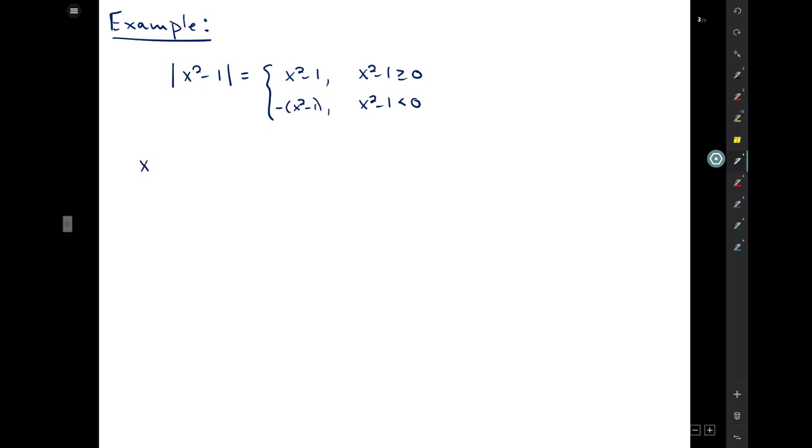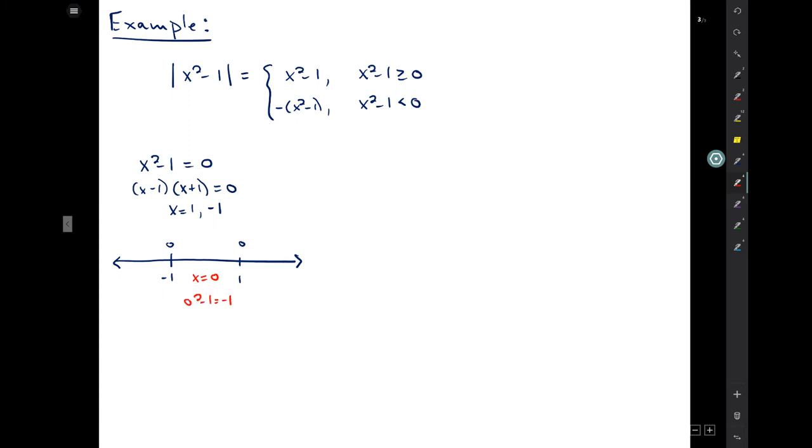So I look at x squared minus 1, and I want to know where is that equal to 0. And to do that, I factor, and I see that it's equal to 0 when x is 1 and when x is minus 1. So I like to use this number line approach for solving inequalities. And for example, if I plug in x equals 0, I see that 0 squared minus 1 is negative 1, so I know that x squared minus 1 is negative everywhere between minus 1 and 1.